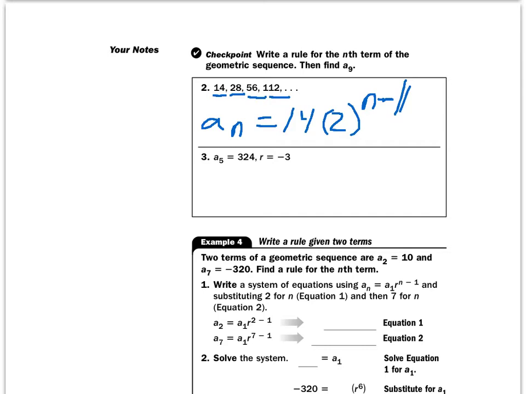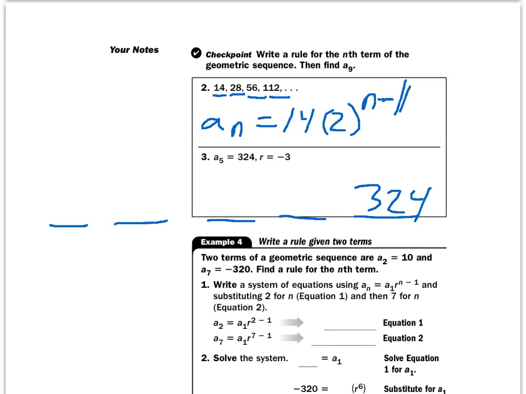And number 3 there, we have a sub 5 equals 324. Now that's the 5th term, 1, 2, 3, 4, 5th term, 324, and my constant multiplier is negative 3.